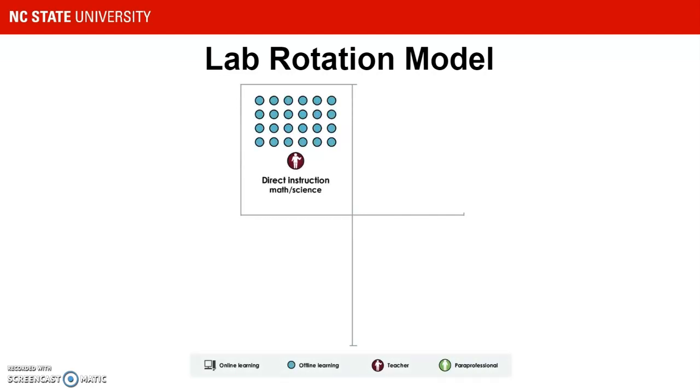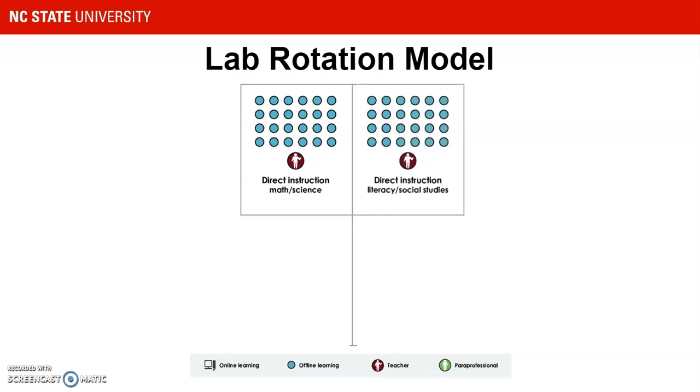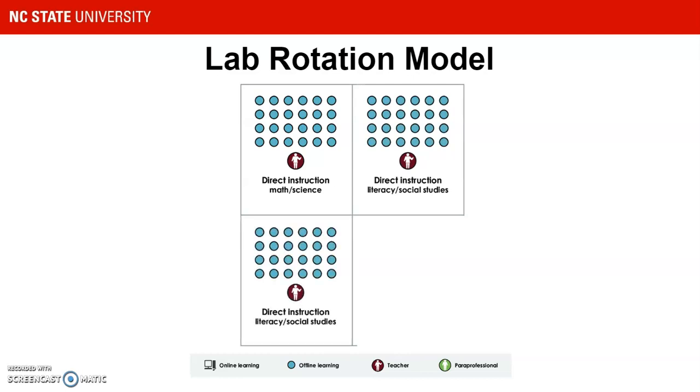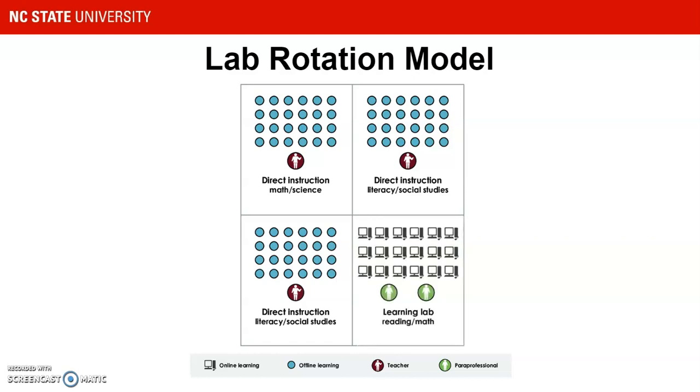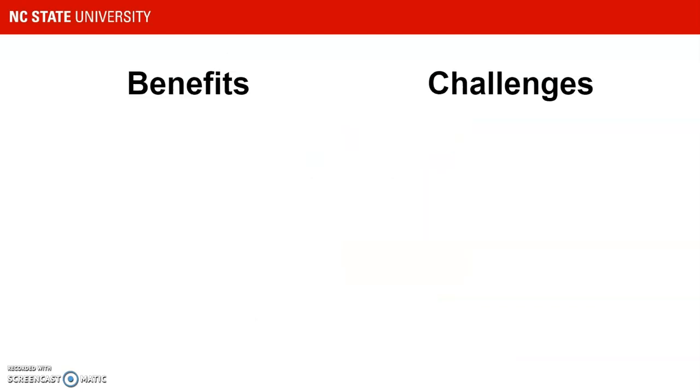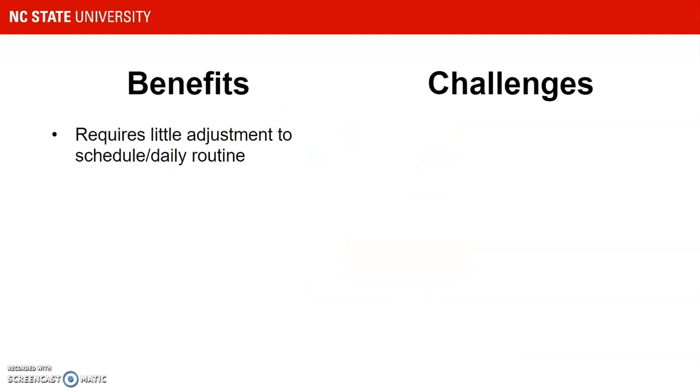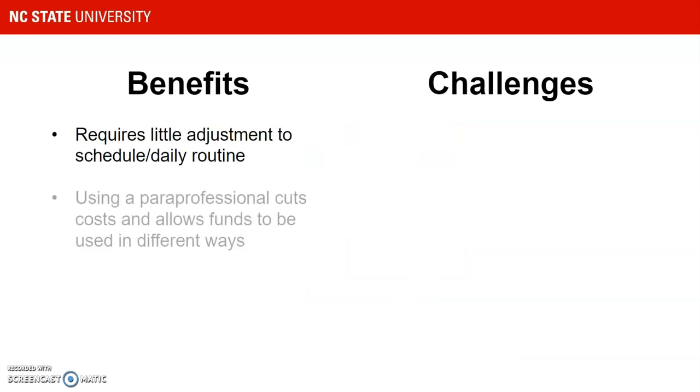Direct instruction can be given in one classroom for math and science, another classroom for literacy and social studies, and lastly, a learning lab where paraprofessionals are present to help guide and aid learning. Some benefits are that you can still continue your normal routine at school.